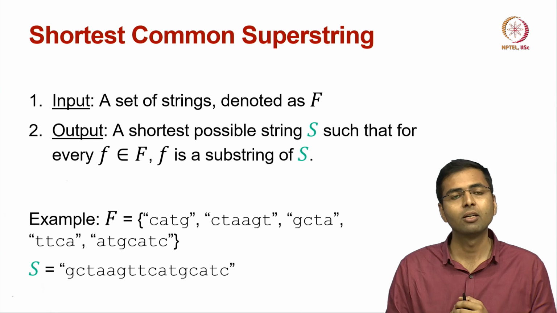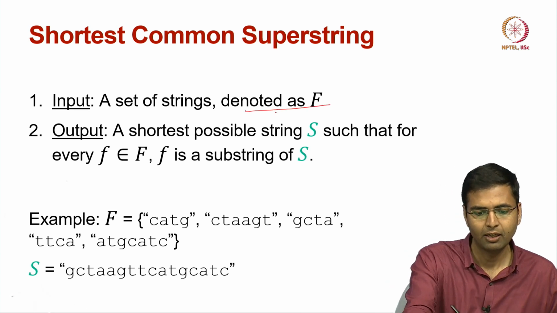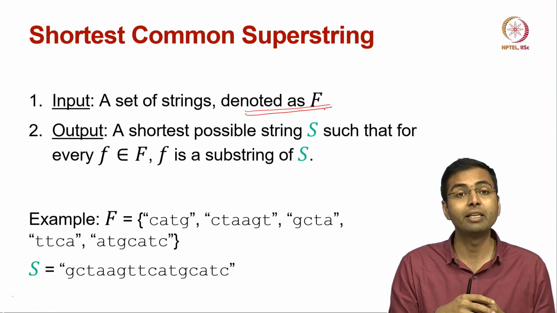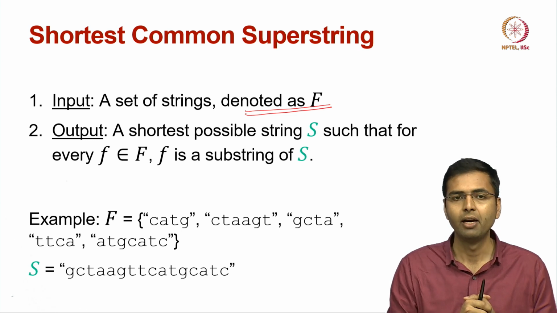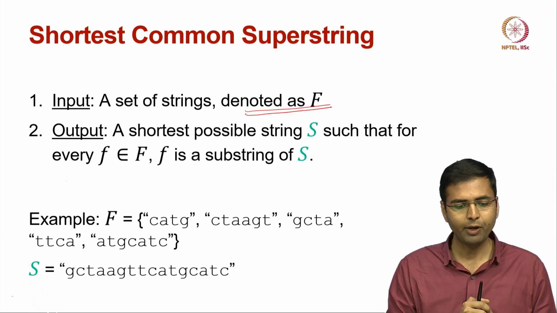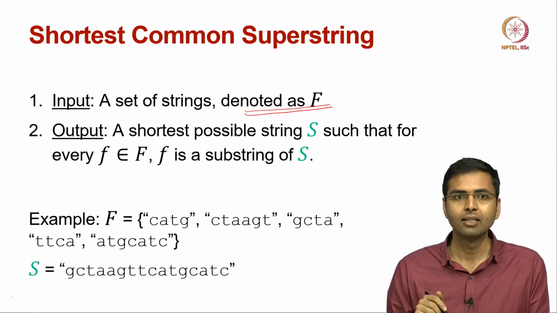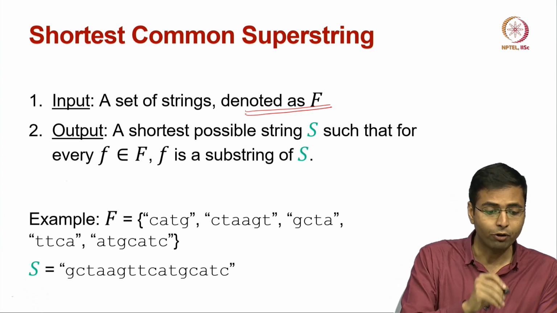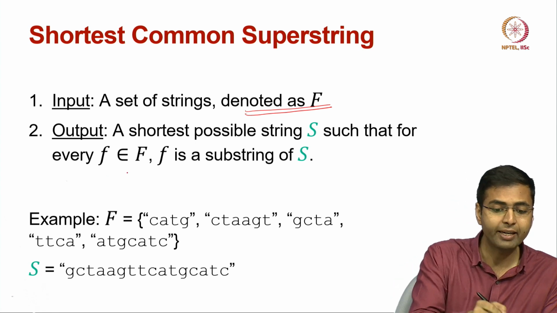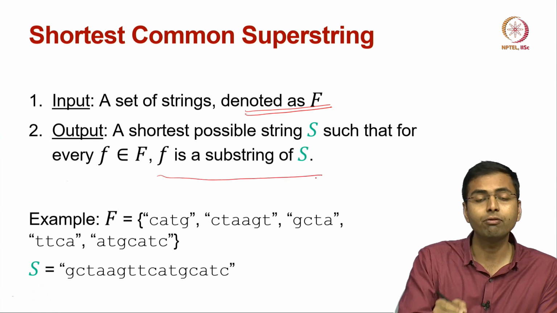So, as input we are given a set of strings which is denoted as f, right. So, these can be for example reads from the genome sequence, and as output we are looking for the shortest possible string s such that every string in the set f is a substring of s.